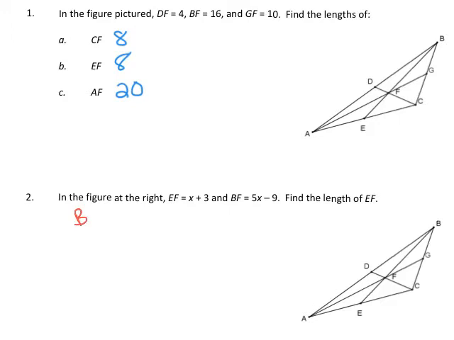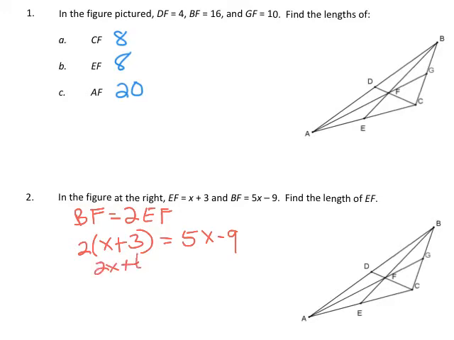So I'm not going to double the BF side. I have to double the shorter side to get them to equal one another. That means I have to place a 2 in parentheses for EF, which is x plus 3, and then BF is 5x minus 9. And we want to go back and substitute in and find the value of EF. So first we have to find the value of x. 2x plus 6 is equal to 5x minus 9.